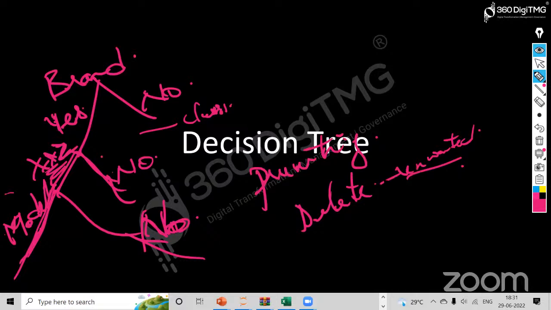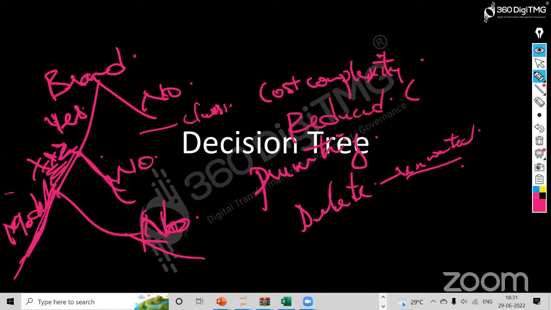And in pruning, you also have something called cost complexity pruning and reduced error pruning. Okay.